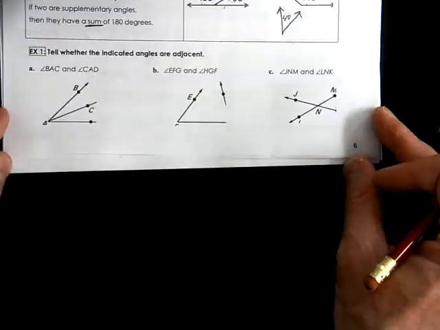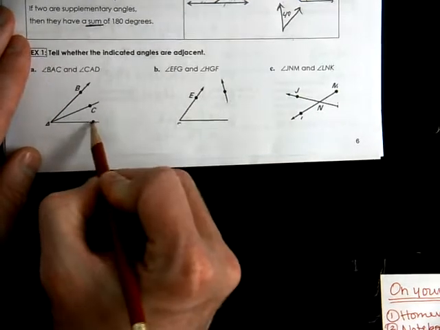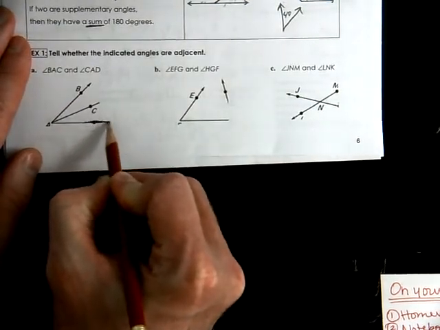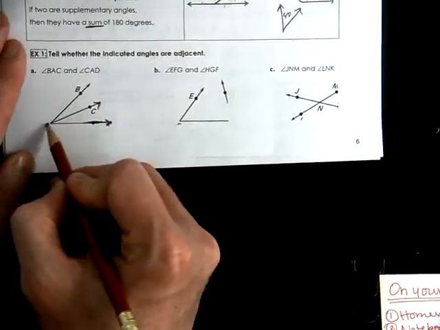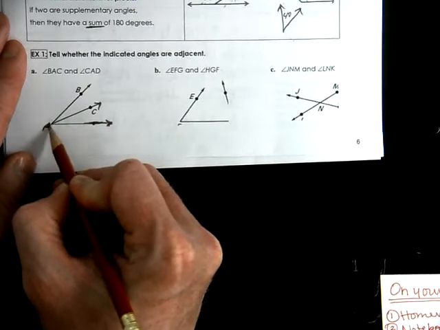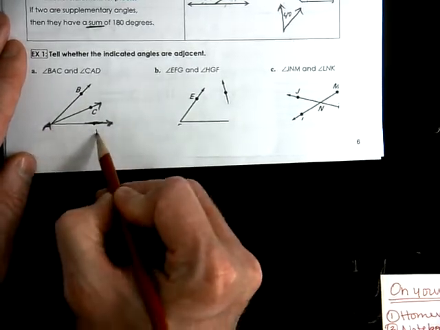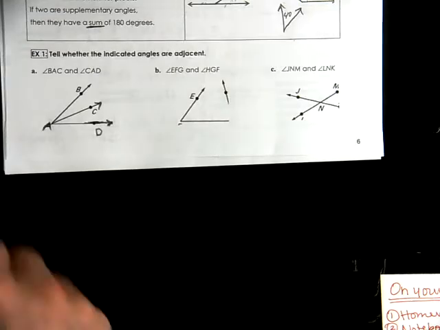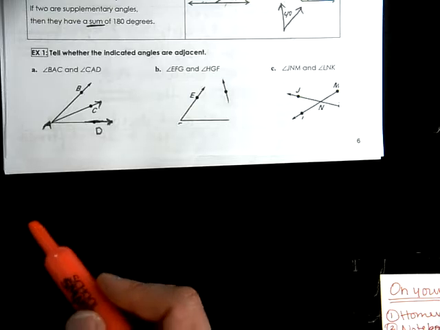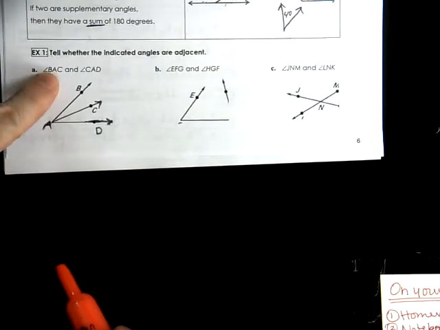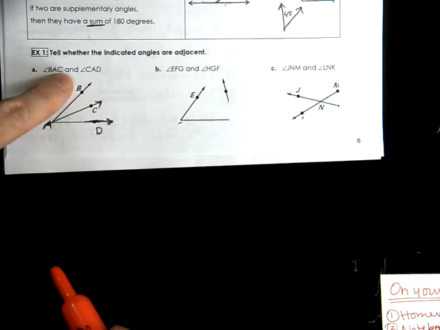So let's come down here and take a look at some different figures that we're going to identify if they are adjacent. We got to add a little bit to these. We need to put an arrow on the end. Make this into angle A, or the letter A, with D out here on the edge. So when we look at these angles, you use your eyes, your finger, or even your pencil and trace out the order of the letters. BAC.